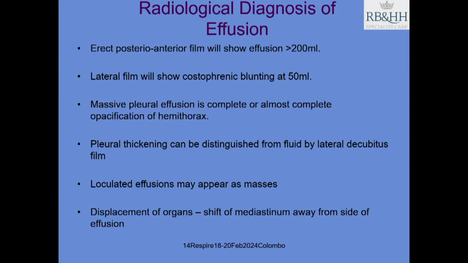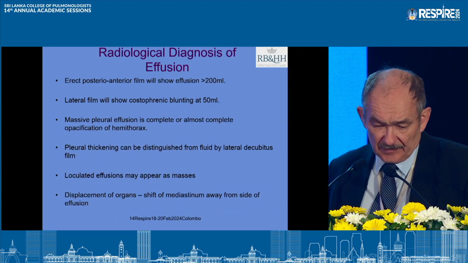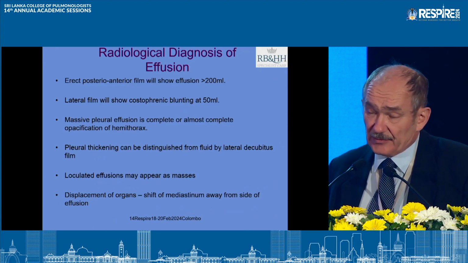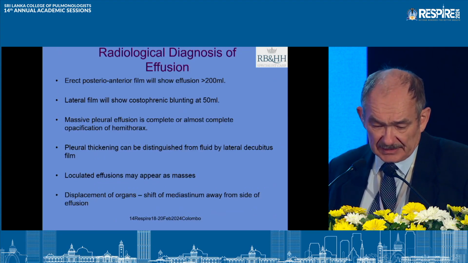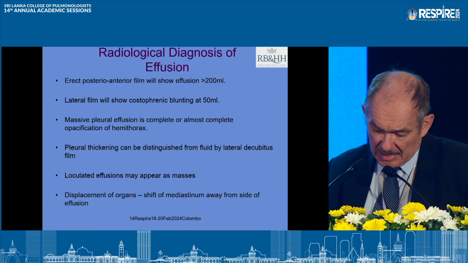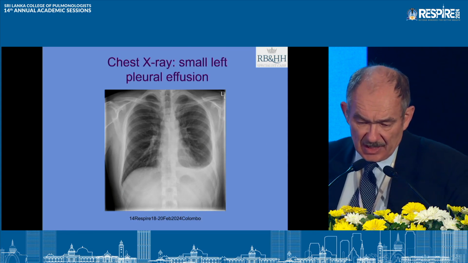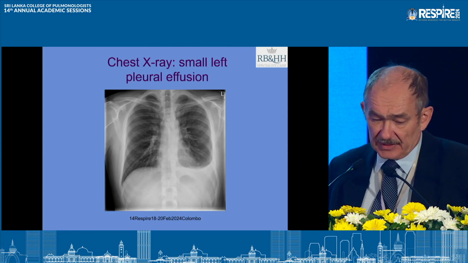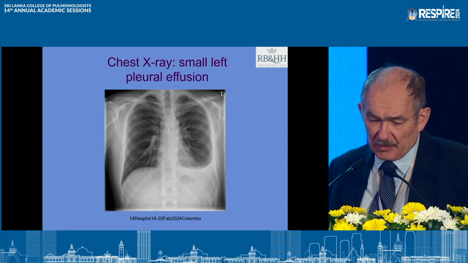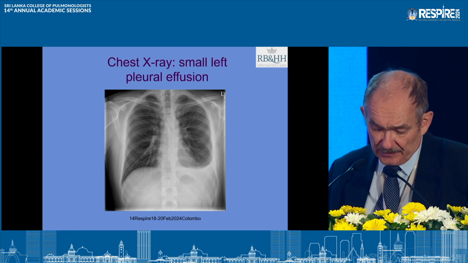Massive pleural effusion may lead to complete whiteout of the hemithorax. And loculated effusion can conceal masses or look like masses on a chest X-ray. That's how it looks: blunting of the left costophrenic recess in somebody with a very small amount of fluid.